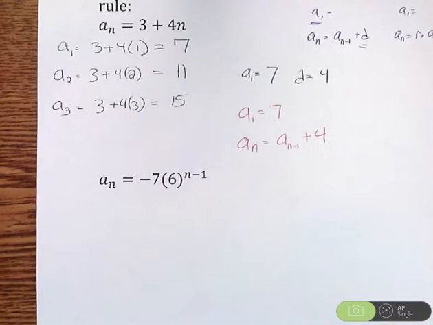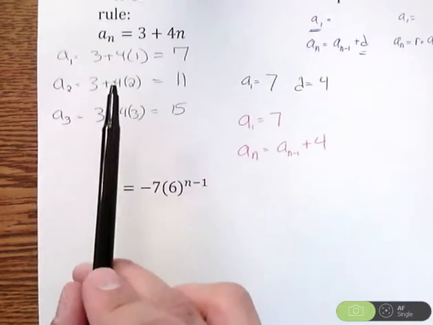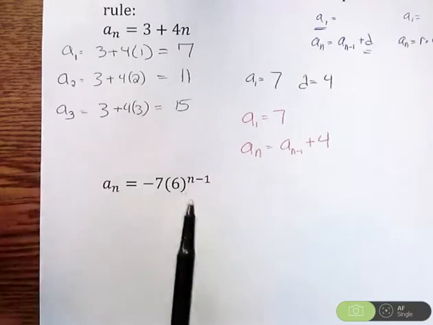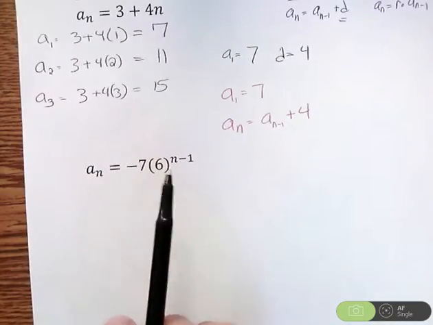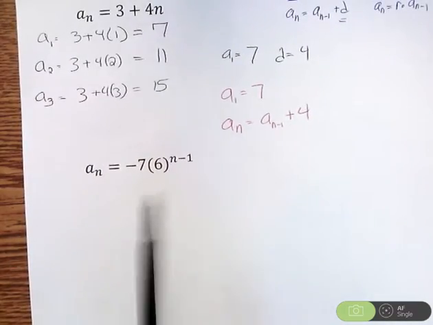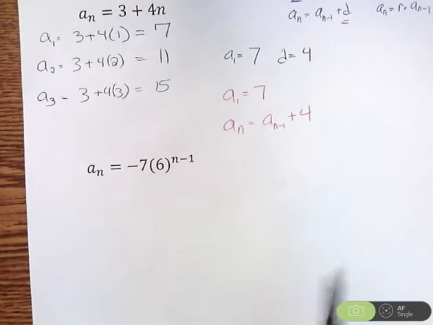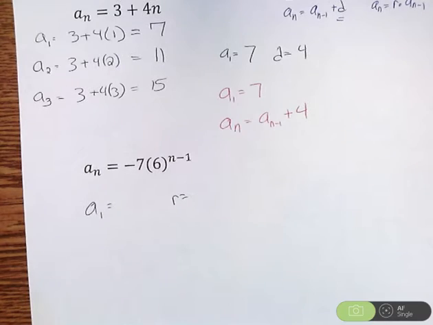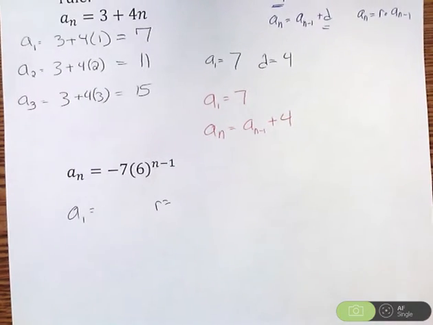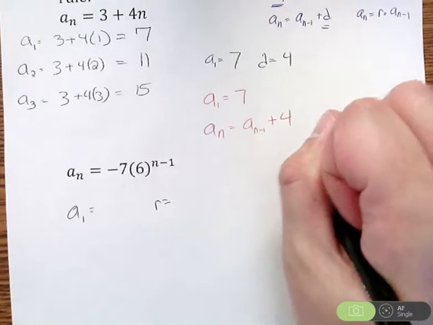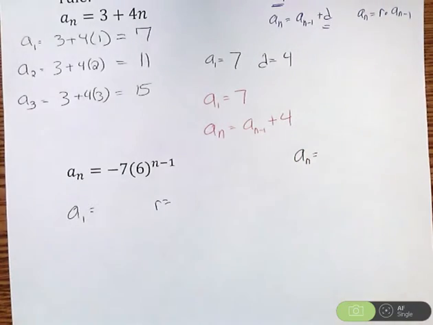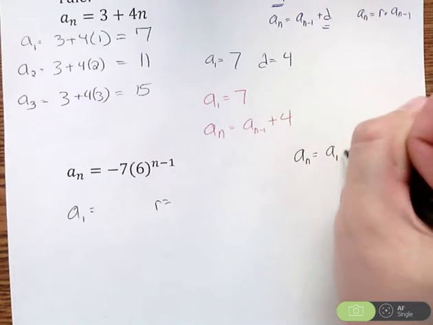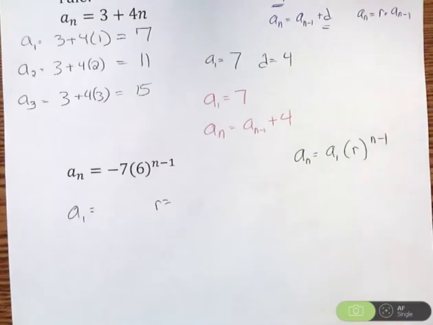For my second one, I could go through and figure out A1, A2, A3, but this one is a little more advanced, and I know right away what A1 and r are. I know this is geometric because the explicit rule for a geometric sequence is An equals A1 times r raised to the n minus 1.